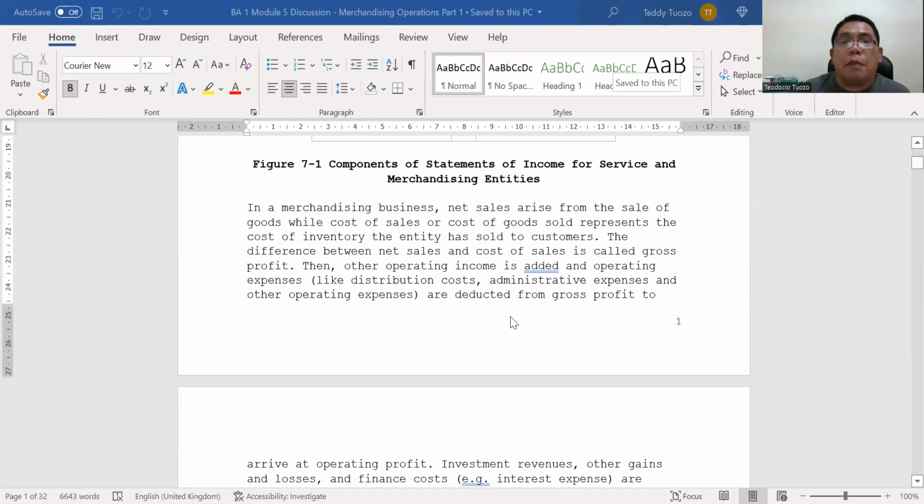So in the merchandising business, sales arise. This is important. It is not just net sales, because we still have the values.